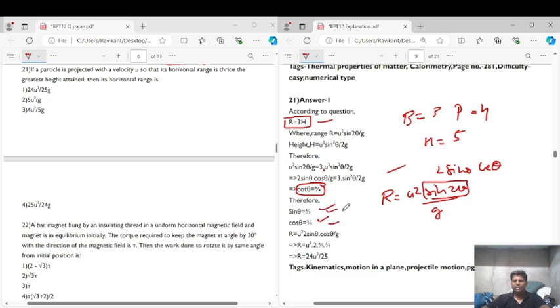Putting these values and calculating, we get R is equal to 24 u square upon 25, right? So the range will be 24 u square upon 25, which is your option 1. That is the correct answer for question number 21, option number 1. Simply it is again a formula based question.